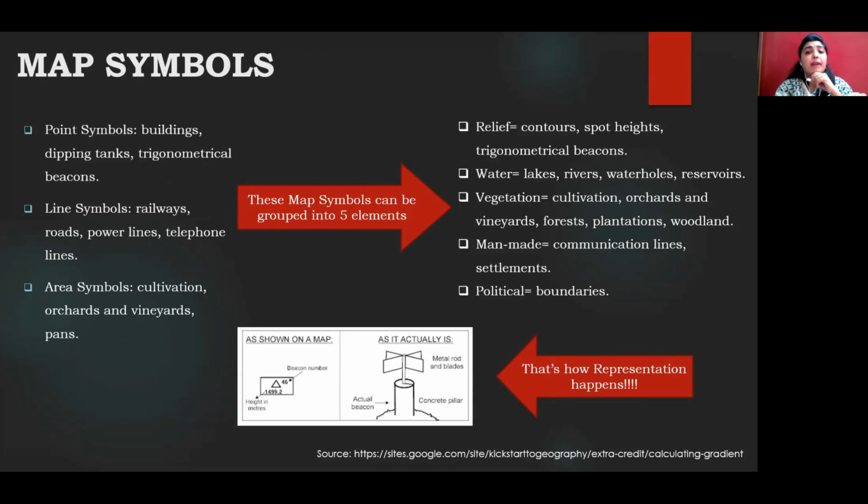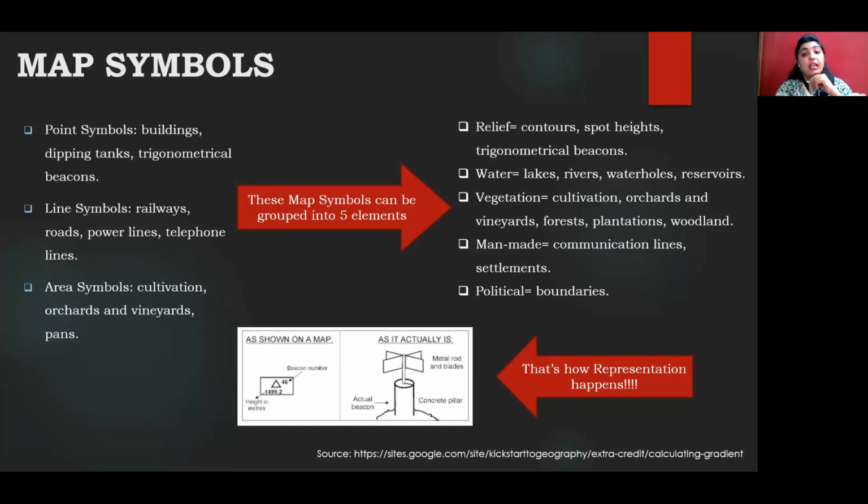So depicting man-made or natural features, all these are depicted in three types of symbols: point symbols, line symbols, and area symbols. Point symbols, when it comes to buildings, or tanks, or trigonometrical beacons, all these are shown by point symbols. Wells are shown by point symbols. When it comes to line symbols, it is majorly the railways, the telephone lines, the communication lines, the power lines, the roads, and rivers.